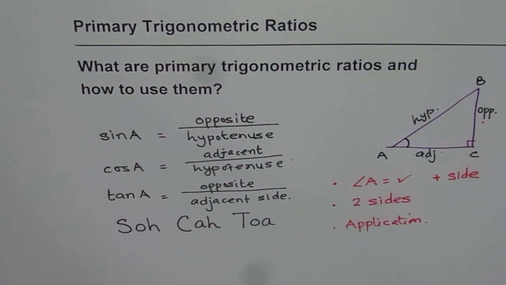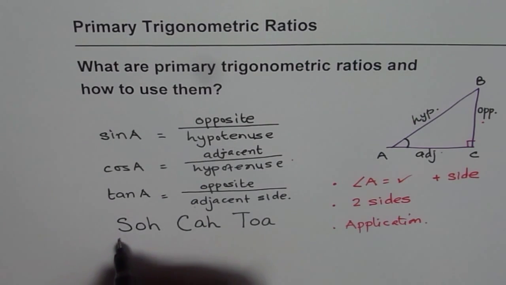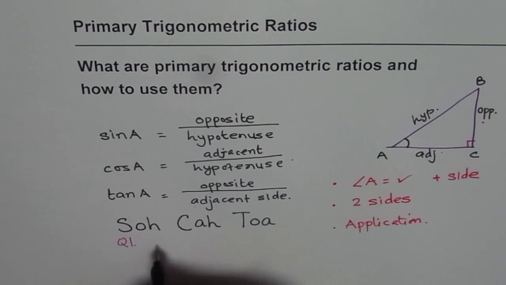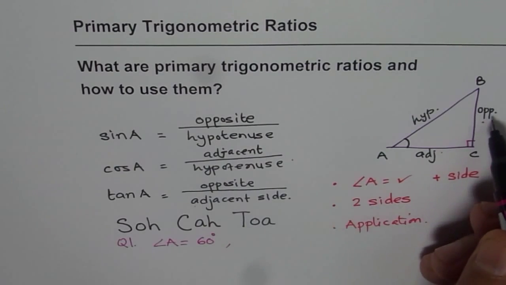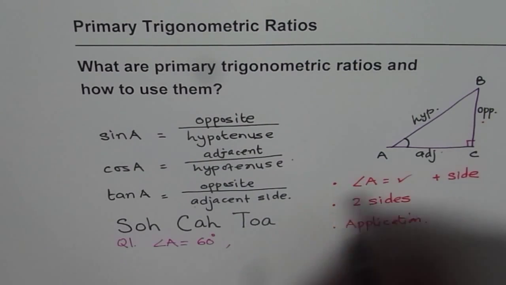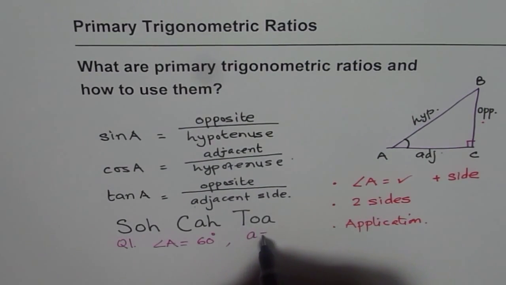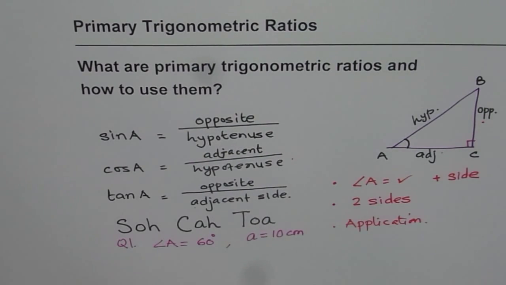Now, as a question, what you can do is, if I say that angle A is equal to 60 degrees and the opposite side, which we will refer to as small a, is equal to 10 centimeters, then solve the triangle.